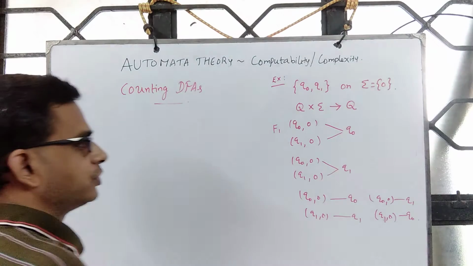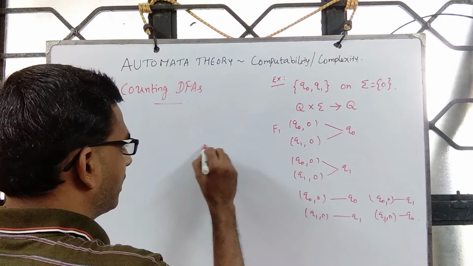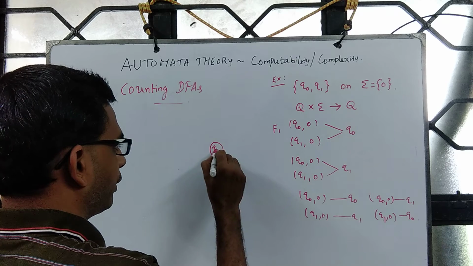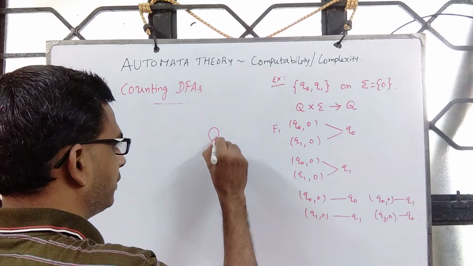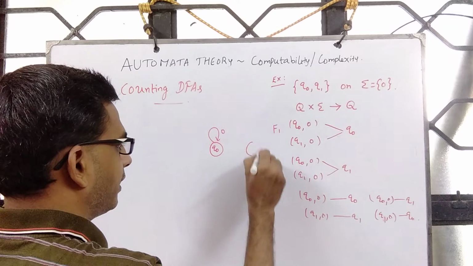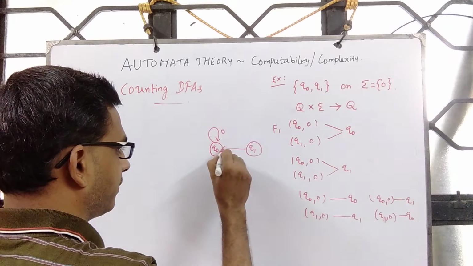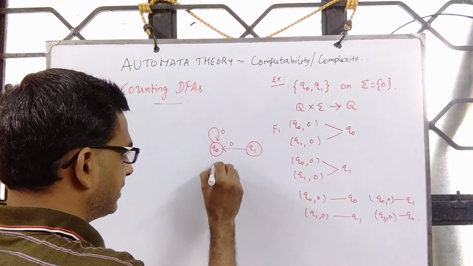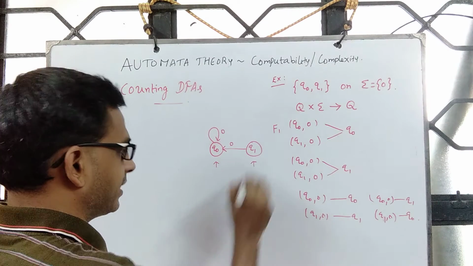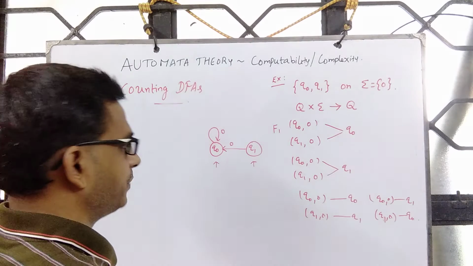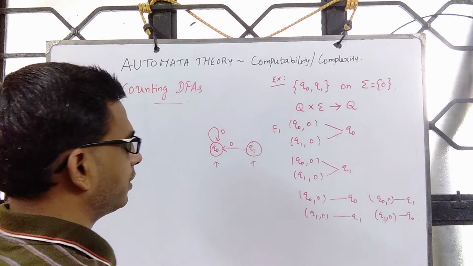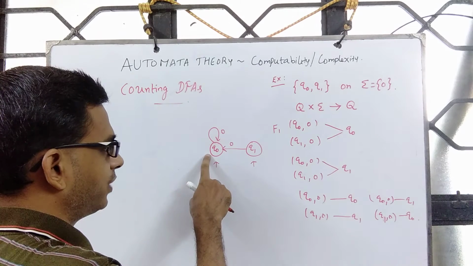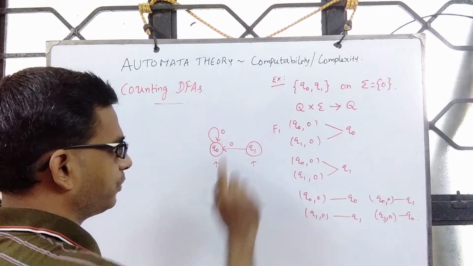So we said you look at the underlying transition diagram. Say (q0, 0) is q0 and (q1, 0) is q0. In this, q0 can be a start state or q1 can be a start state, which means we get two automatons: one with q0 as the start state and another with q1 as the start state.